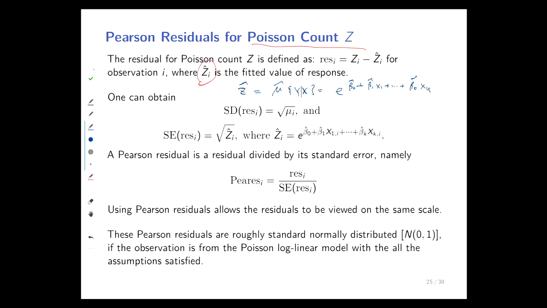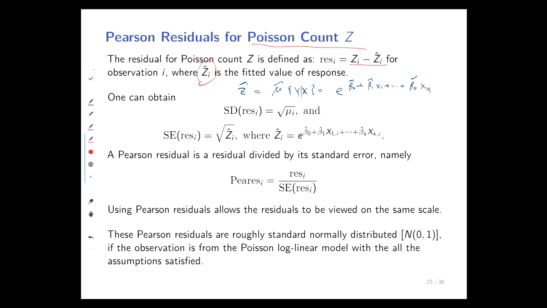So that's the fitted value. Given each value of x, we can obtain a fitted value. If we compute the difference between the observed value and the fitted value, we can obtain the residual. And the next step is just to obtain the standard deviation.